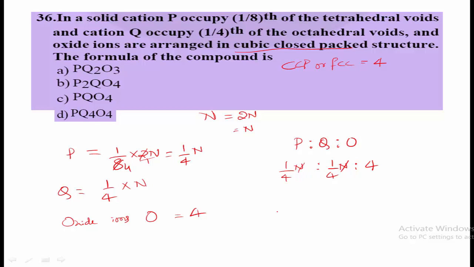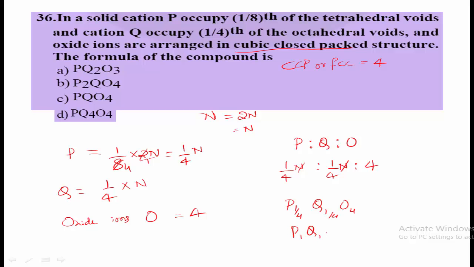Now n gets cancelled. What does it become? P 1/4, Q 1/4, O 4. But as you know, the elements are not combined in fractions. Always they are combined in whole numbers, and hence multiply this whole thing by 4. How much will you get?